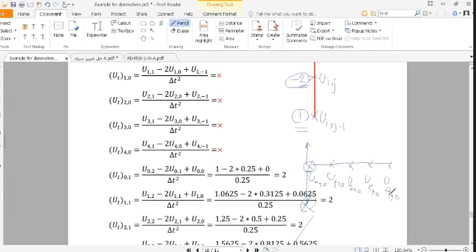You cannot compute UTT because for each point we need the u at the previous line, and we have not the previous line. Also we cannot compute UTT for all points at the first row. We cannot compute UTT 1 and 0, 2 and 0, 3 and 0, and 4 and 0. Okay, is it clear for you? Do you understand?